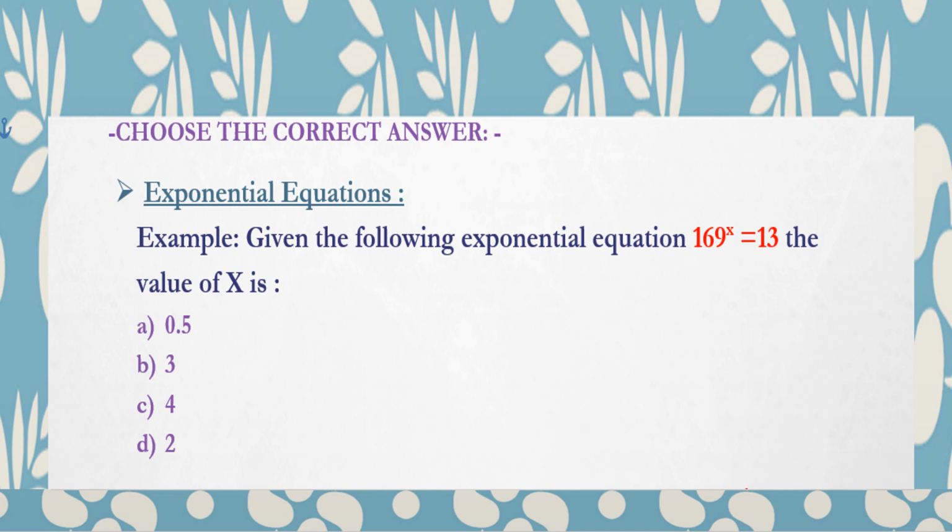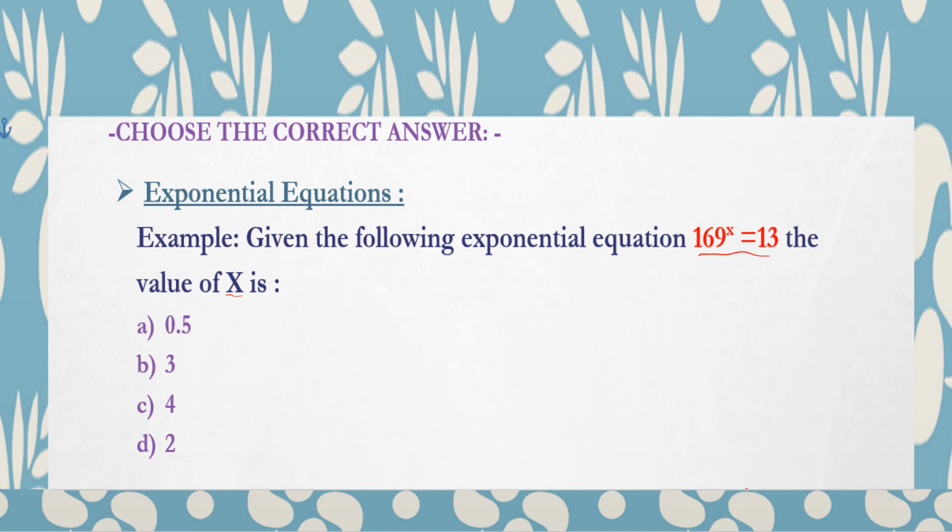Choose the correct answer for the exponential equations. Example: given the following exponential equation, the value of x equals, here is our equation, 169 to the power x equals 13.